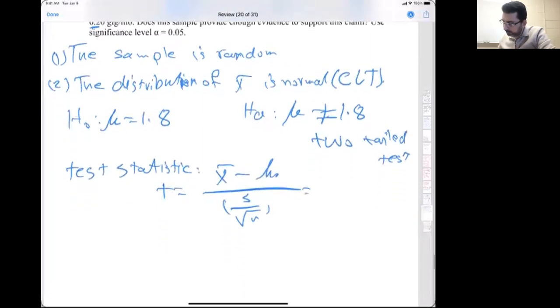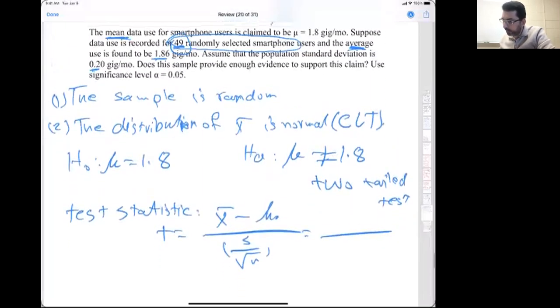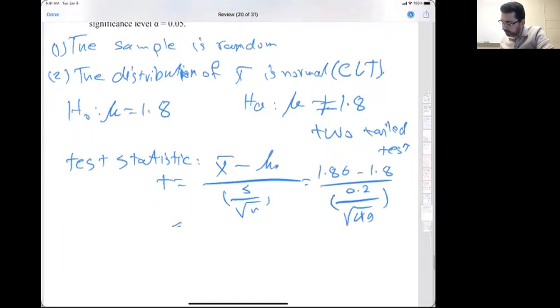So we have x bar 1.86 minus 1.8, the standard deviation 0.2 divided by square root of 49. So the value of the test statistic is 2.1. 2.1, it's positive, okay?